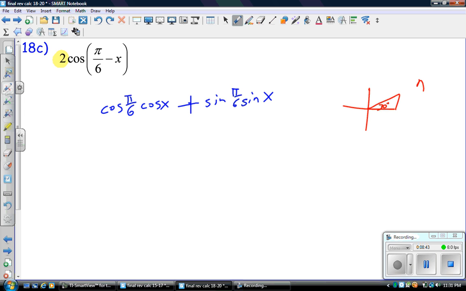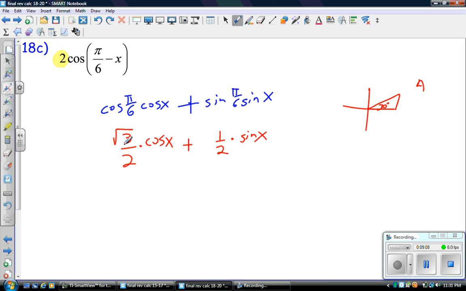And everybody's positive, so we don't have to worry about anything there. The cosine is the adjacent to the 30. So the cosine of pi over 6 is root 3 over 2, times cosine x. Plus the sine of pi over 6, the opposite of the 30, is 1/2, times the sine of x.